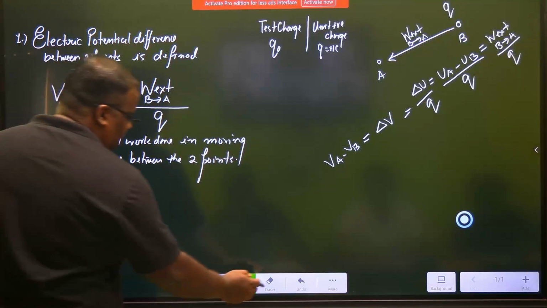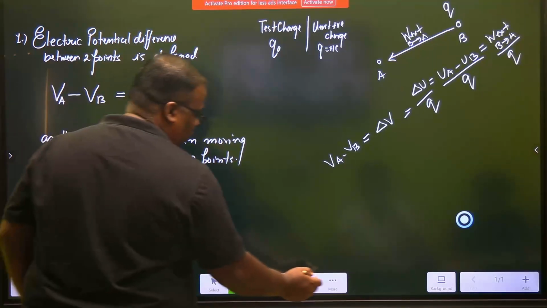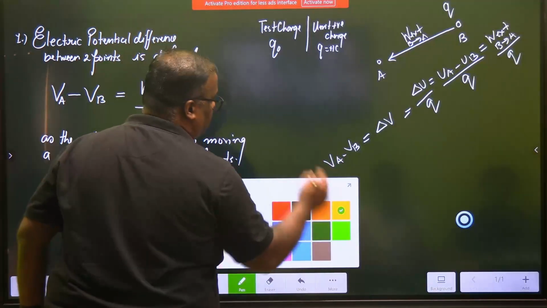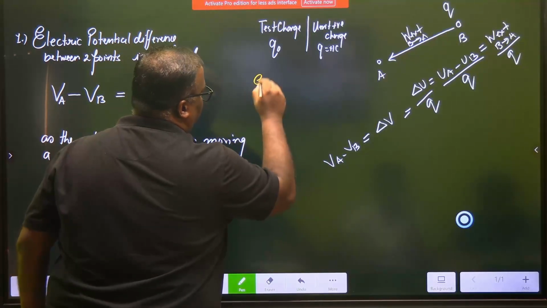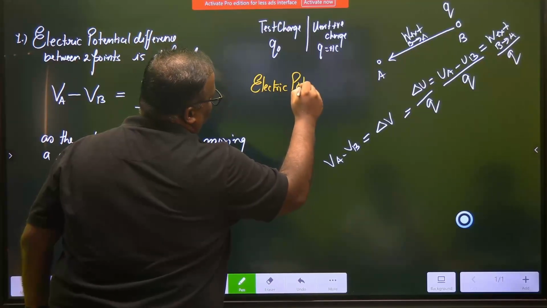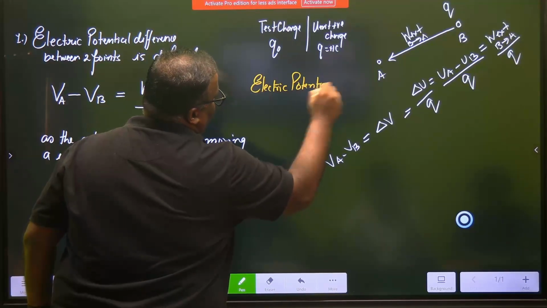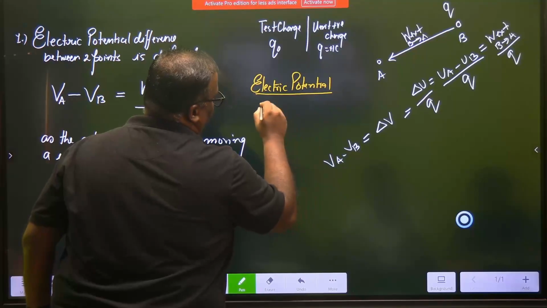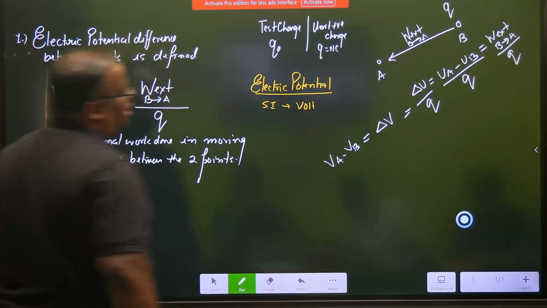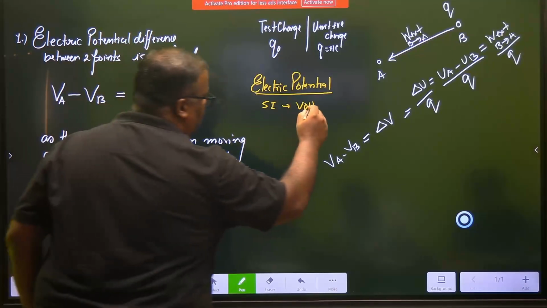The quantity called electric potential. We are right now defining electric potential difference. The SI unit of this is known as volt, named after Professor Alexander Volta.